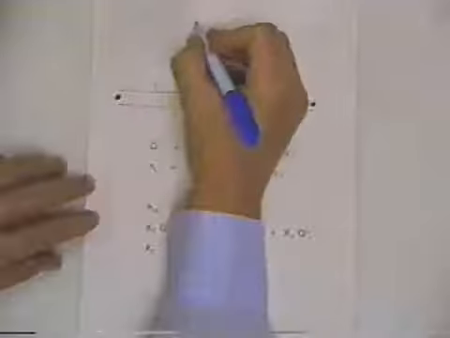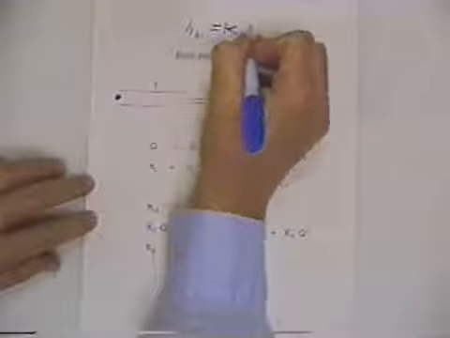And you could even express this as an equivalent pipe. An equivalent pipe would, by definition, just mean it has the same basic relationship, head loss is K times Q to some power.